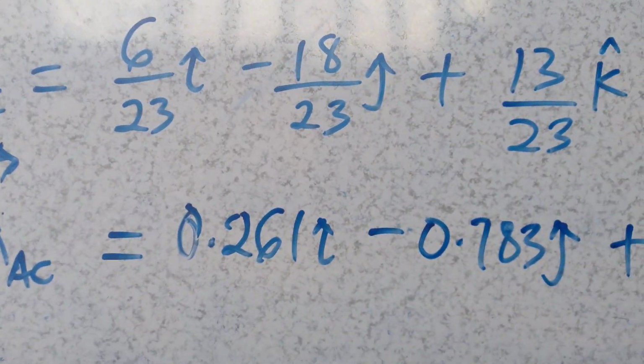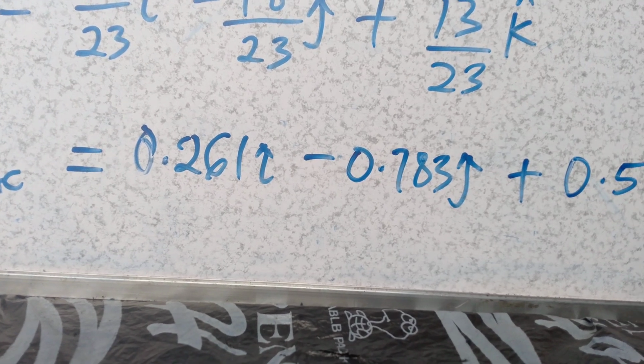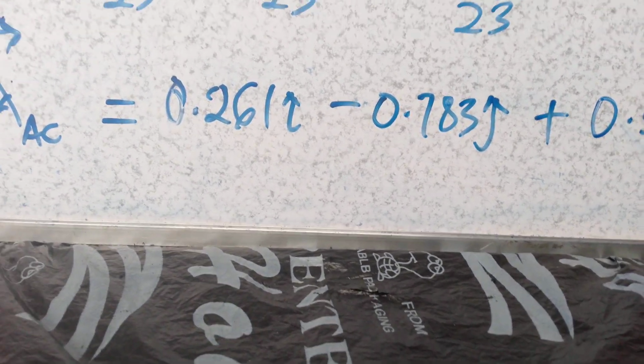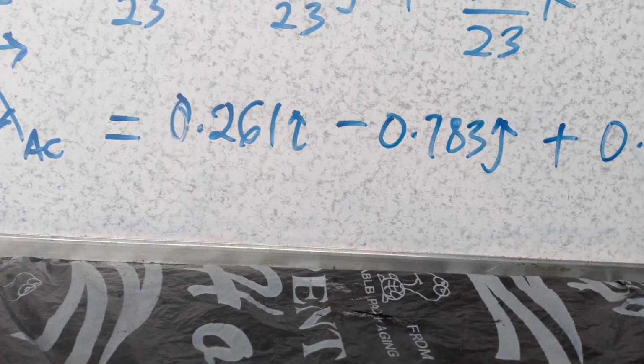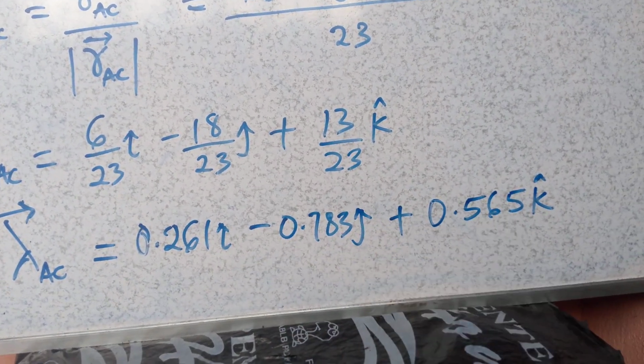So this is what I'm having: 0.261I minus 0.783J plus 0.565K. When I divide them, I'll have this. Okay.